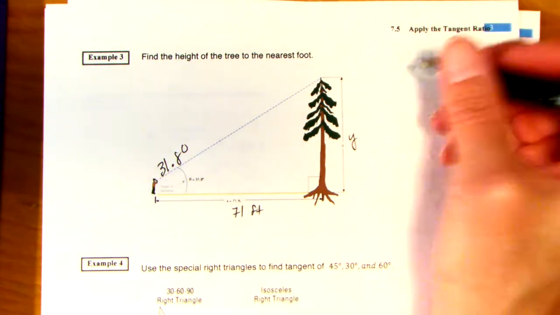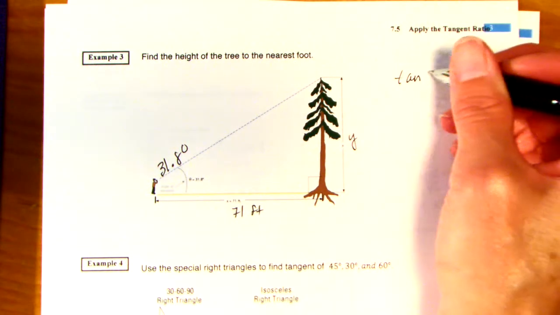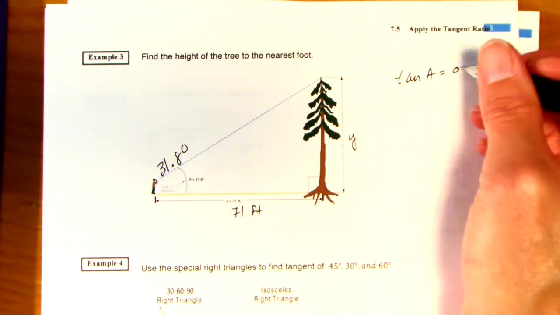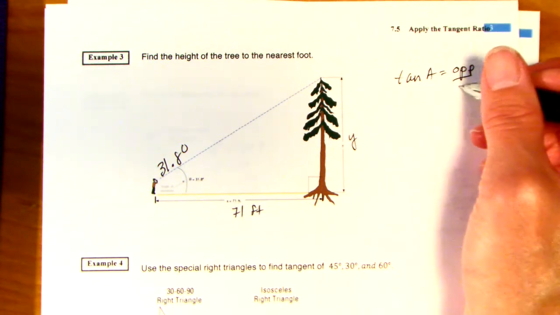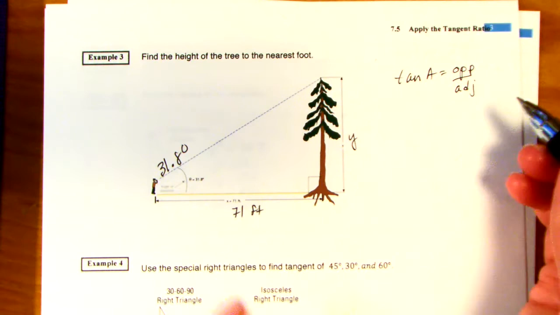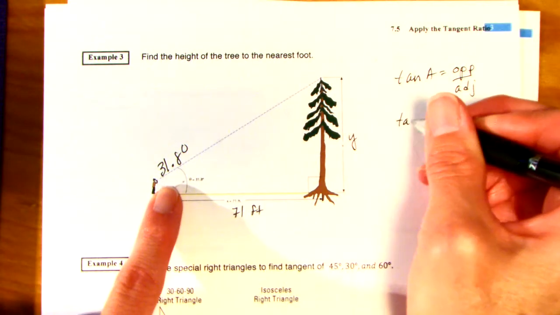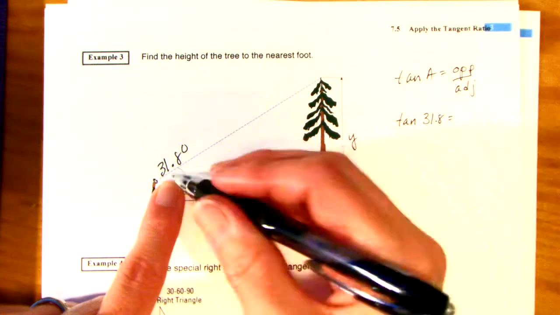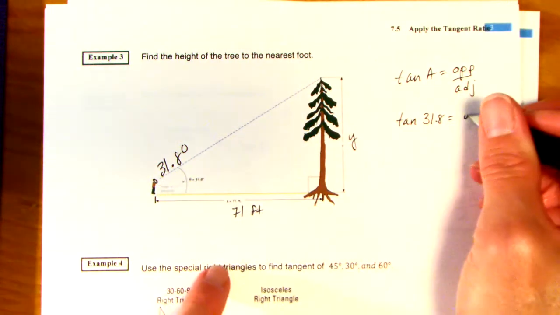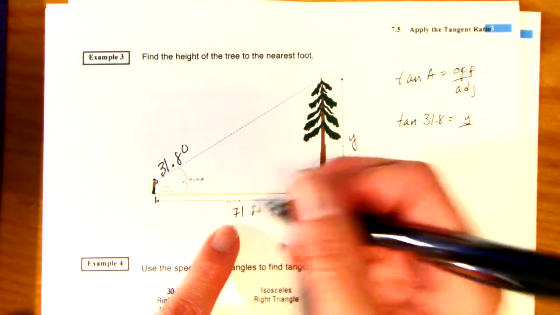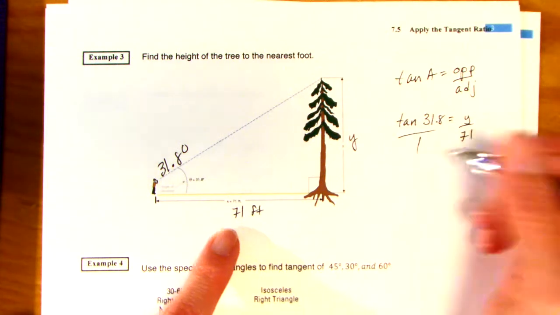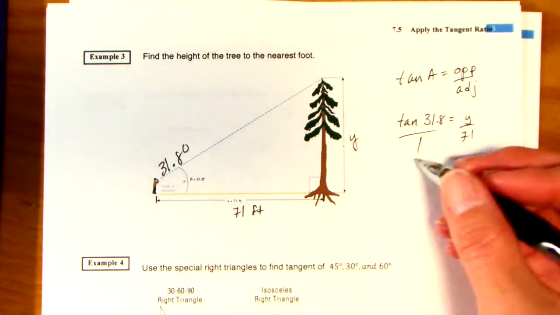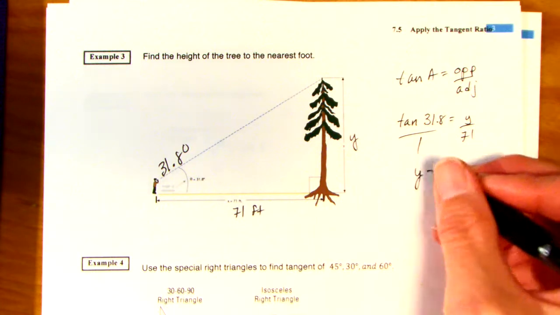But here we go. Remember, tangent of some angle is equal to opposite over adjacent. So here's my angle. Tangent of 31.8 is equal to opposite, which I don't know, over adjacent, right next to it, 71. Write that over 1, so you have a proportion. Cross multiply.